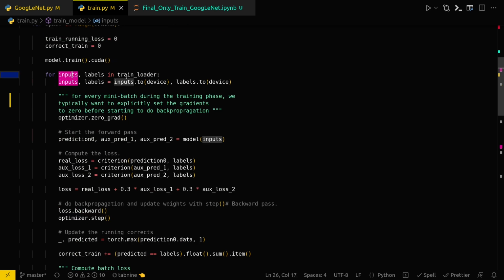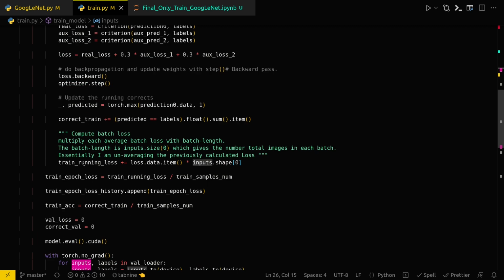When I was iterating over the train loader, I will have labels and I will also have inputs, and if I get the shape of them, the 0th element will give me the total number of samples in that batch. And that's why in this line, train running loss, I am multiplying this batch loss data with inputs.shape[0].